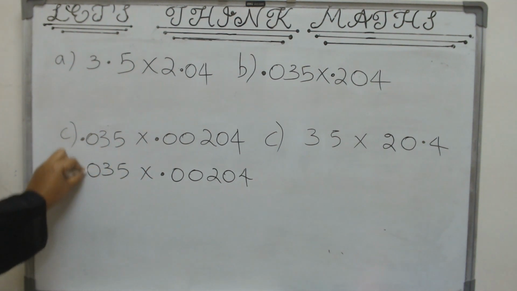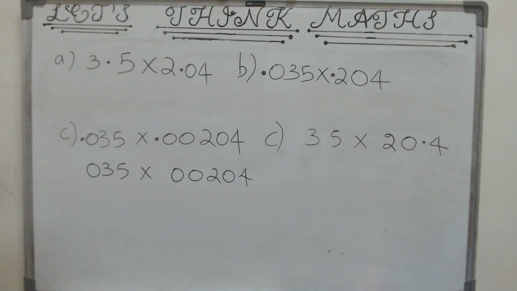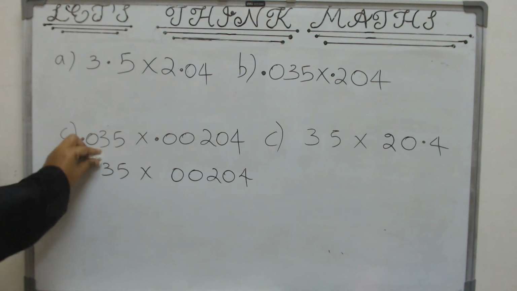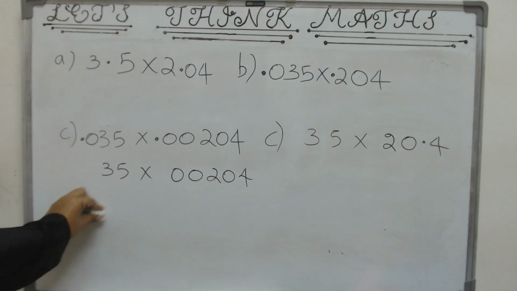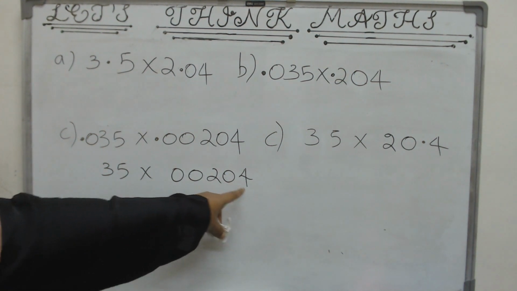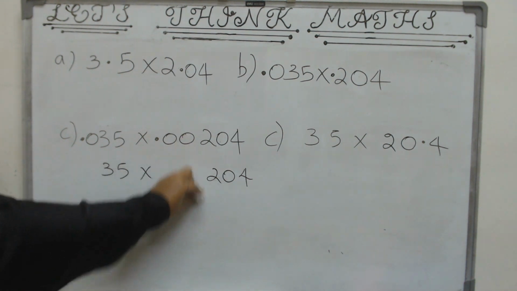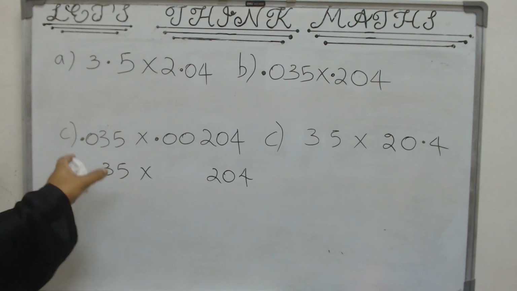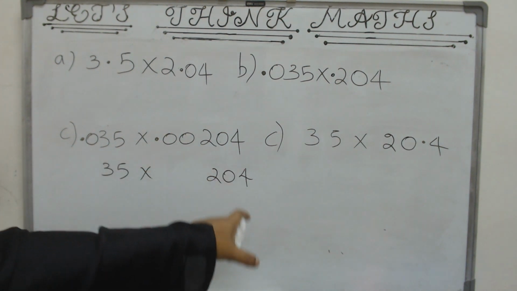There, we have got rid of the decimal points. Then what is this number? 035, it is just 35. What is this 204? It is 204. So remove the decimal points and then multiply them as whole numbers.